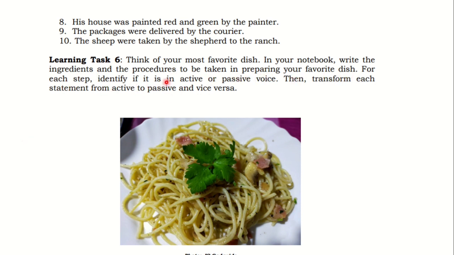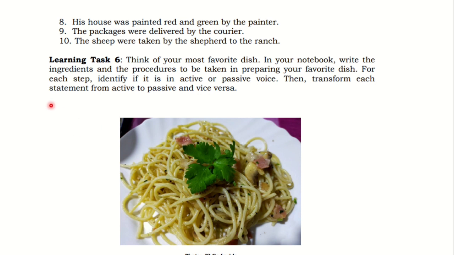For each step, identify if it is in active or passive voice, then transform each statement from active to passive and vice versa. This activity does not have a key to correction at the back of your module since this is personal for every learner. So it is up to you on what favorite dish you have.